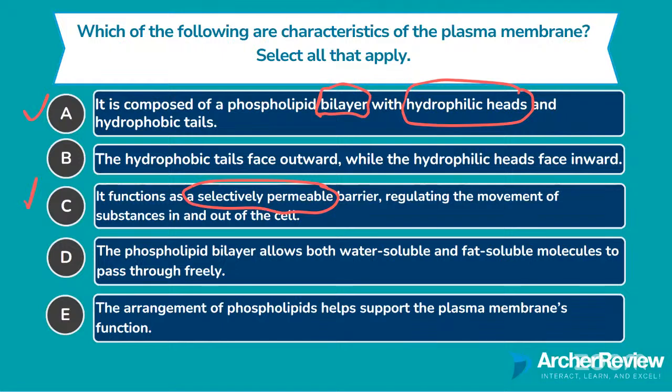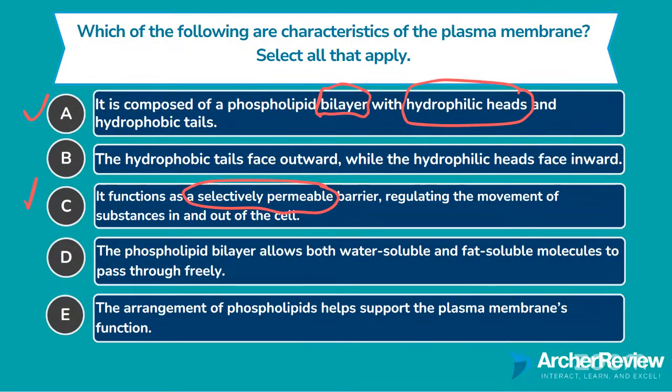Well, that's how the cell membrane works. And in this idea of regulation of substances in and out of the cell, it maintains homeostasis. That is a huge function of the cell membrane, to be selectively permeable in order to maintain homeostasis.